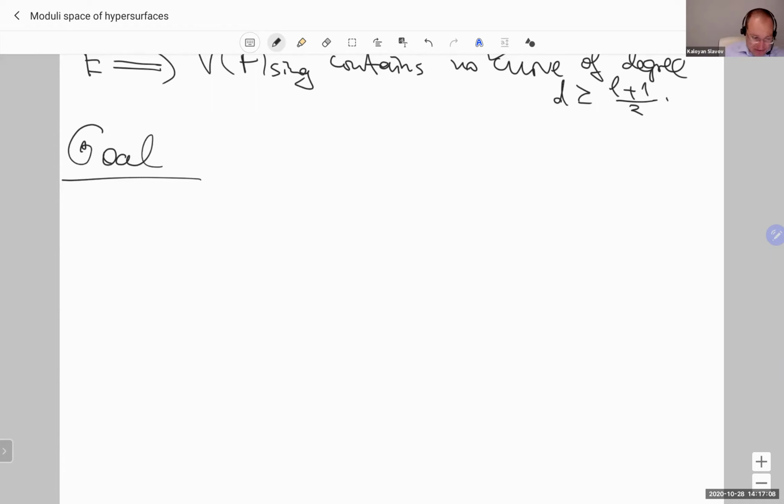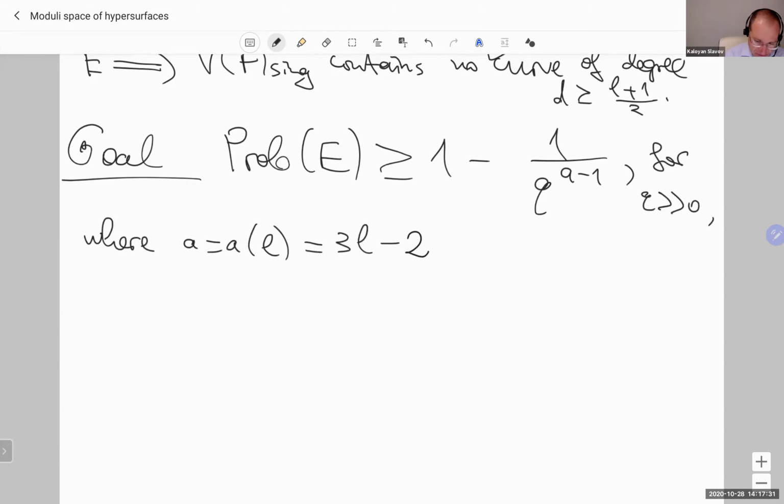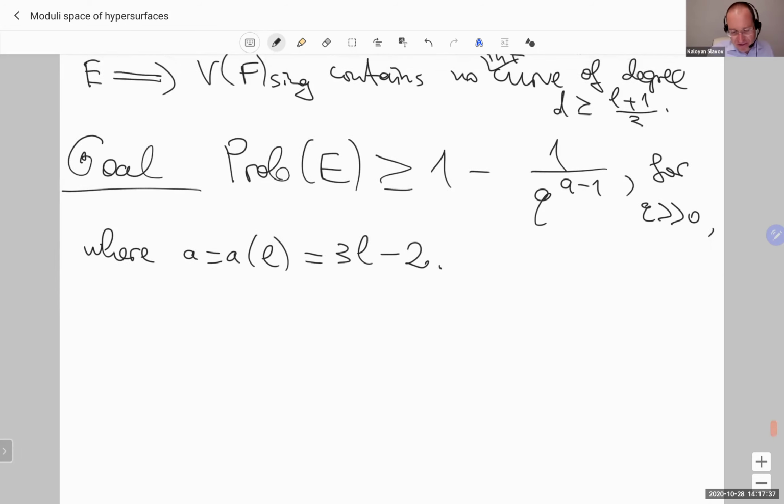When you restate it in the language of this, the goal is that we have to show that the probability that E takes place is greater than or equal to 1 minus 1 over Q to the A minus 1 for Q sufficiently large, where A of L is equal to 3L minus 2. When you work out the numerics, that's what we're reduced to.